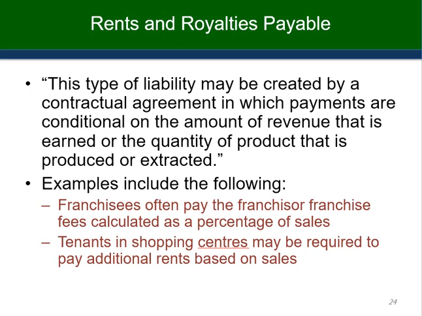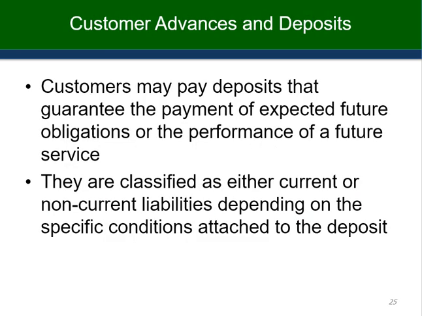Often there's a straight monthly amount, and then there's an additional rent that's paid on the sales volume. Whatever the obligation is arising from those past transactions, that meets the definition of a liability because it's a past transaction to be settled in the future, and it's an obligation that can't be gotten away from.